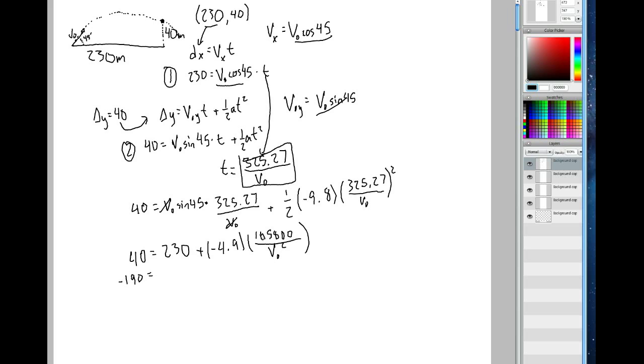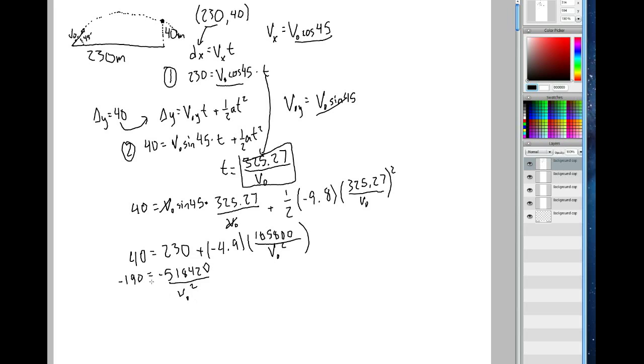Now, if I multiply over here, I've got a fraction, so I'm just going to multiply by the top. 105,800 times negative 4.9 gives me negative 518,420, and then, very crucial, all over V naught squared.